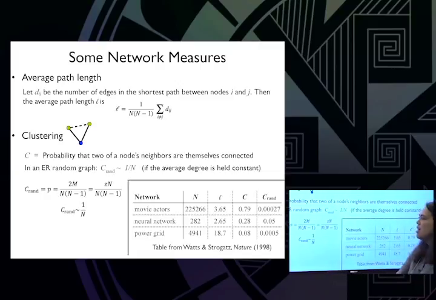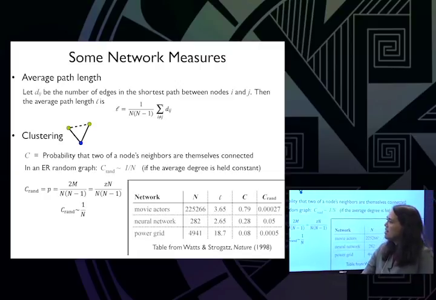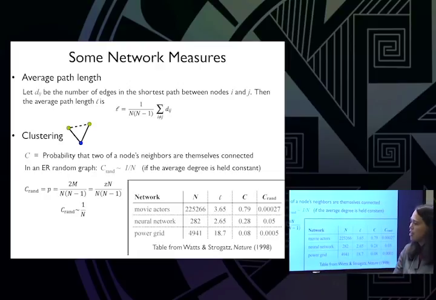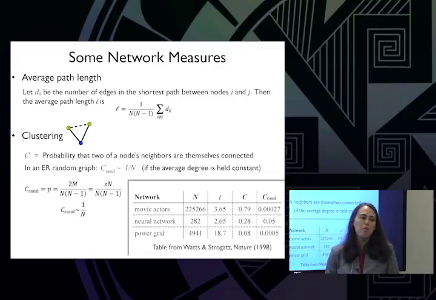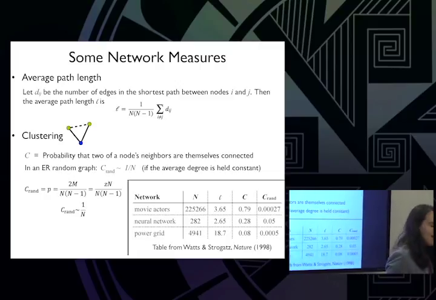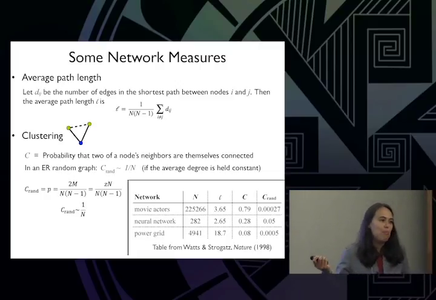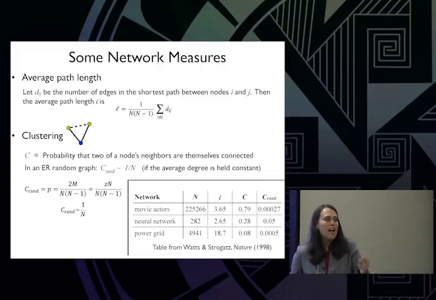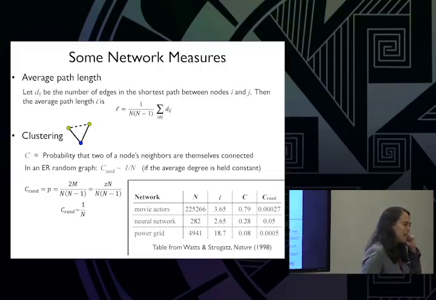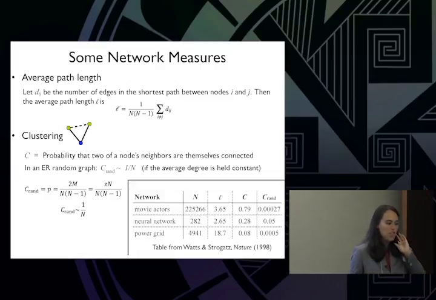Okay. So here is the calculated clustering coefficient for a few different networks. Here is the network of movie actors, if you've heard about the six degrees of Kevin Bacon game. Here the nodes are actors, and 2 actors are connected by an edge if they acted in a movie together.